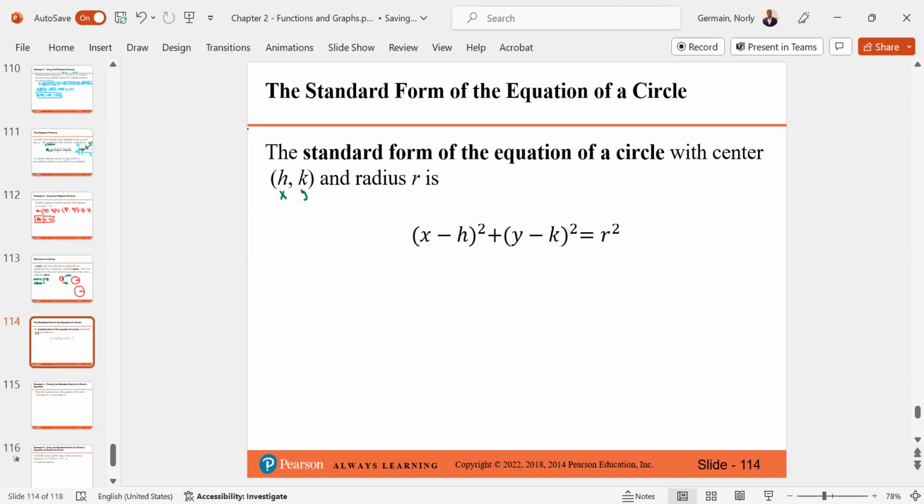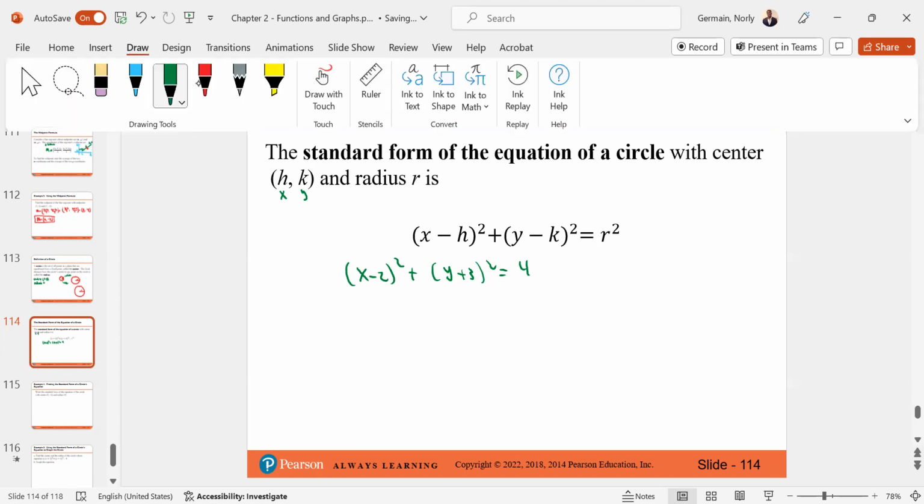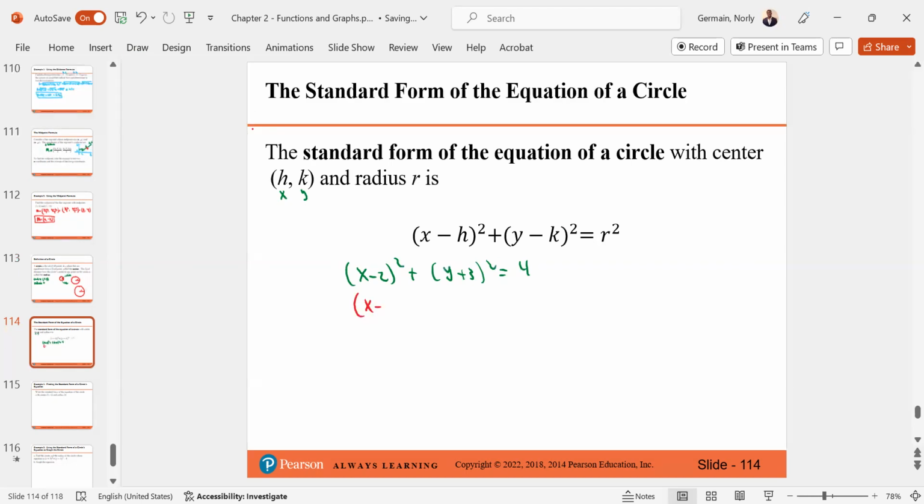Once you know that, for example, if you have (x minus 2) squared plus (y plus 3) squared equals 4, what is the center? If I rewrite this in a different way, you will see (x minus 2) squared plus (y minus negative 3) squared, that's why we say positive 3, equals 2 to the power of 2, because 4 is 2 squared.